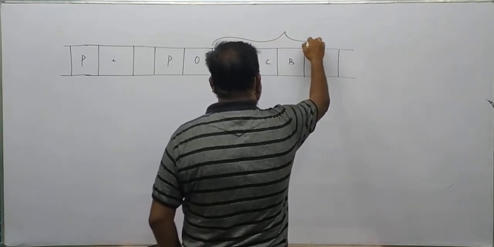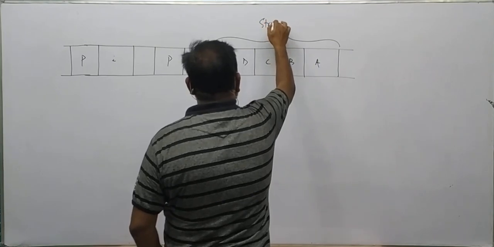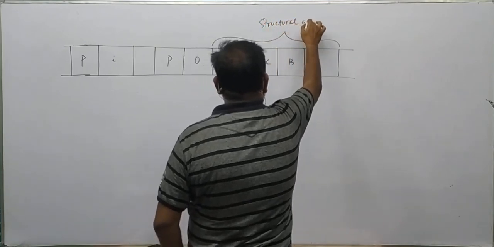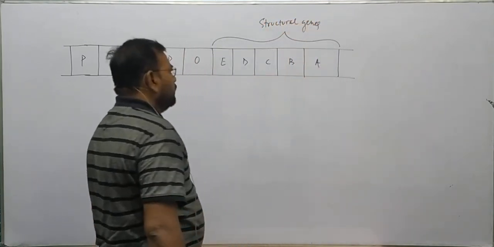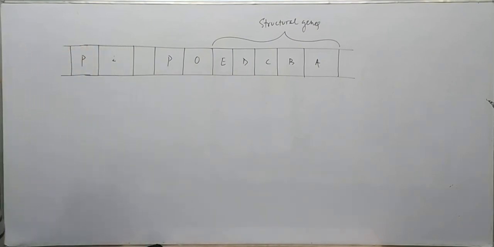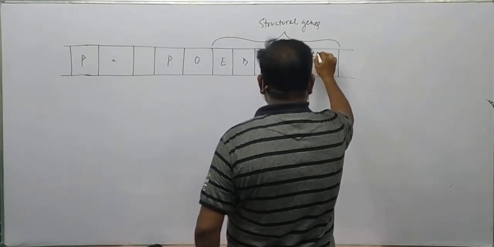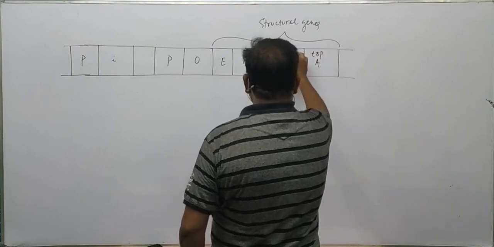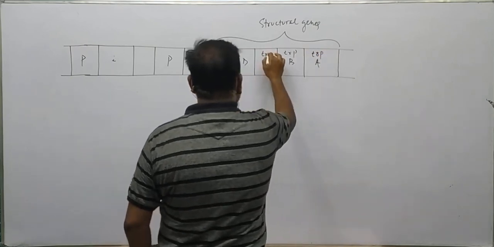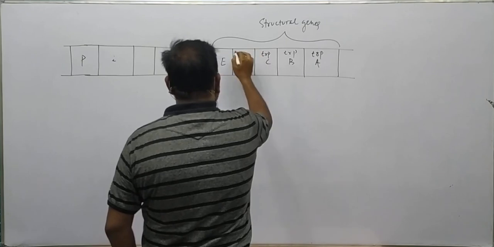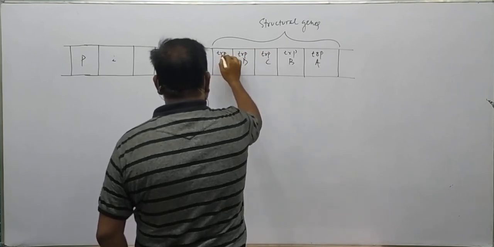They are the structural genes. So 5 structural genes are present: A, B, C, D, E. You can write it also as trp A, trp B, trp C, trp D and trp E.